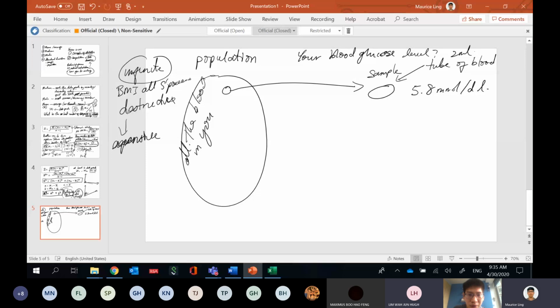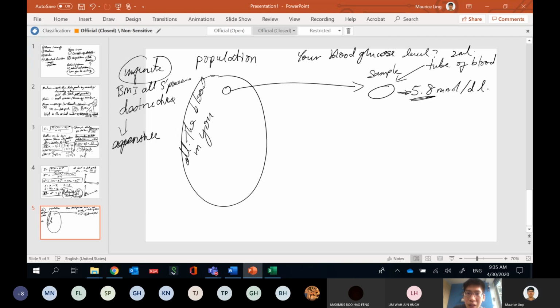Okay, so my question is, this 5.8 millimoles per deciliter comes from your sample. But am I trying to say that it is only applicable to the sample of blood and not the blood in you? My interest is it the population or the sample?